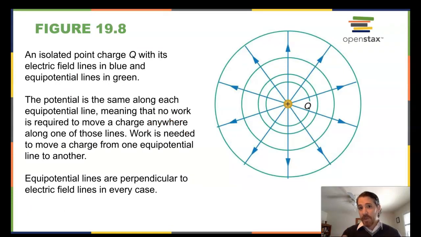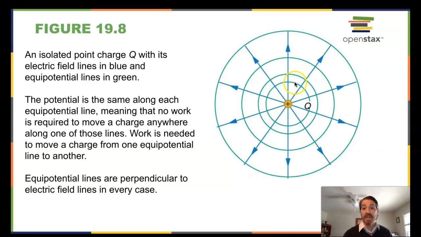Before we do examples, I want to point out a couple things really quickly. This is an image of a positive charge, capital Q, and I've already shown you what the electric field looks like around that. That's these blue arrows radiating outward in every direction in an r-hat direction. We had an image in a previous video talking about these concentric circles. The concentric circles around this symmetric electric field are lines of potential.